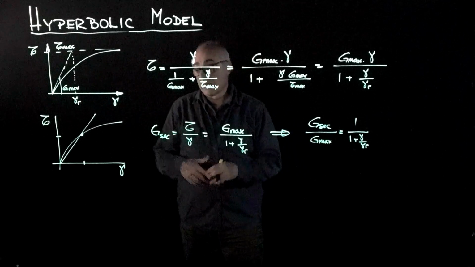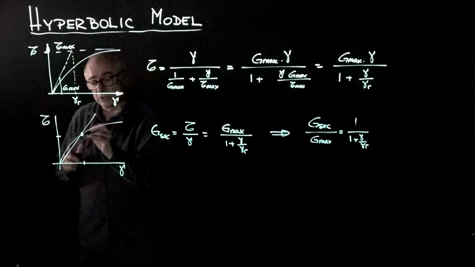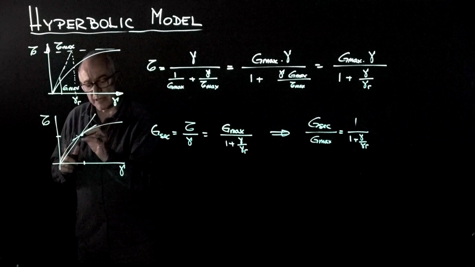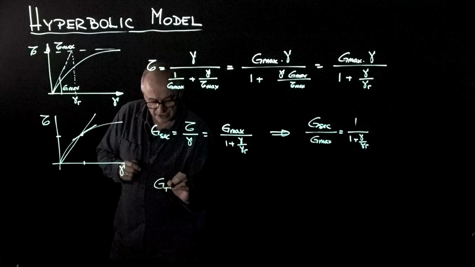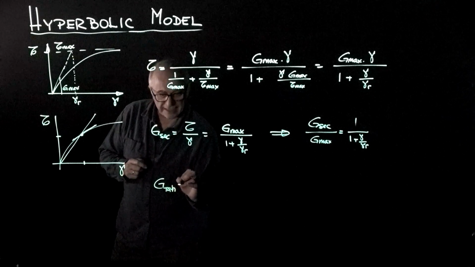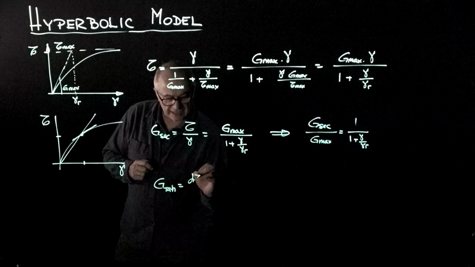And this is the degradation of the stiffness, of the secant stiffness, with strain level predicted by the hyperbolic model. I could also compute what is the slope at this point. In other words, we're going to call G tangent at that location d tau d gamma.